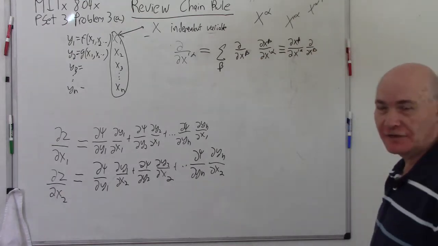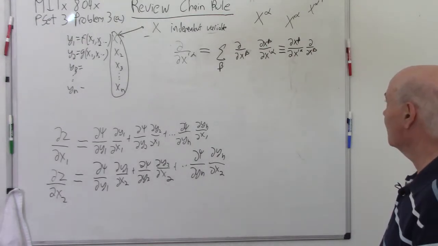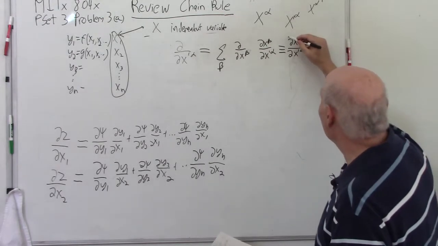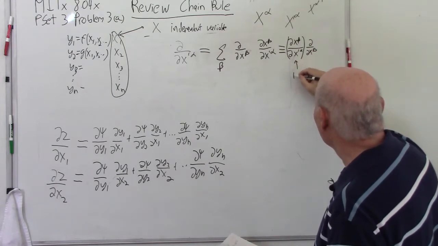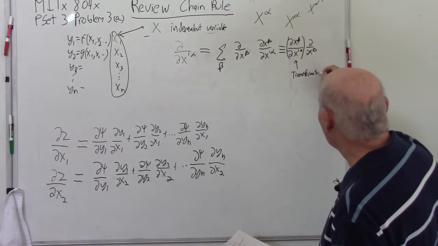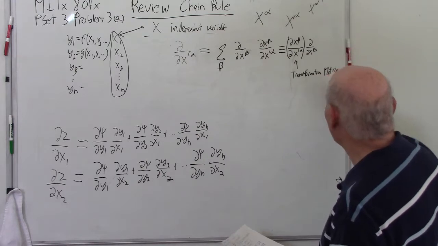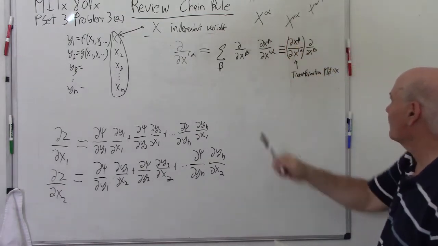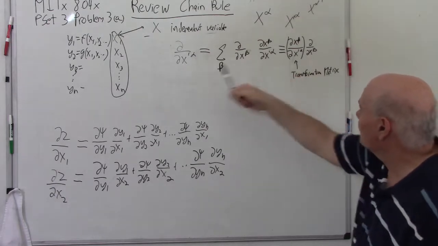This was one of Einstein's great inventions called the Einstein summation convention, and it really makes everything easier. And this is what's called a transformation matrix for the coordinate transformation from x to x prime. And it's linear. That's the whole thing of tensor analysis.